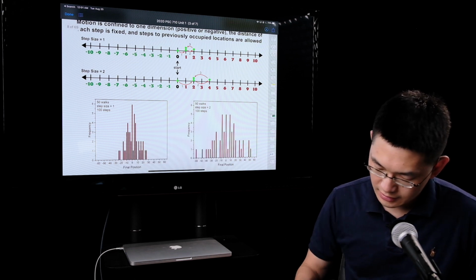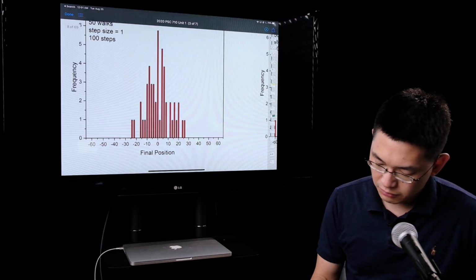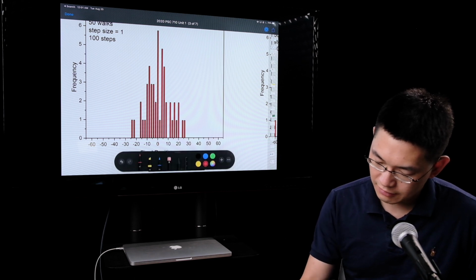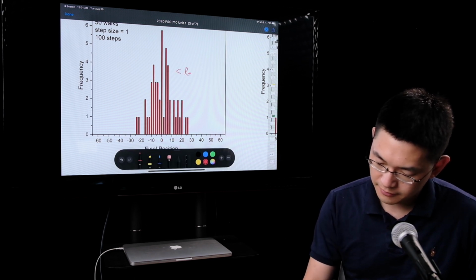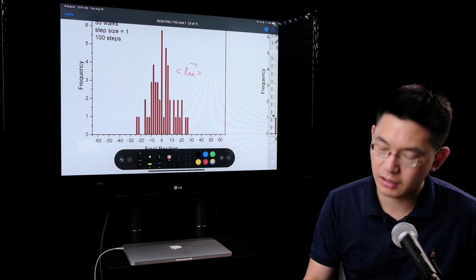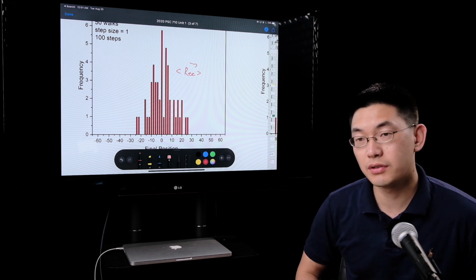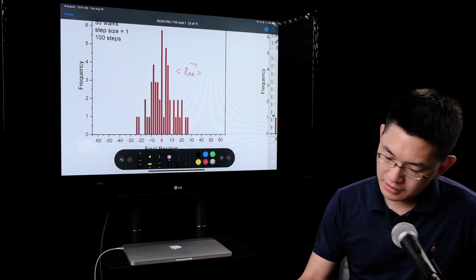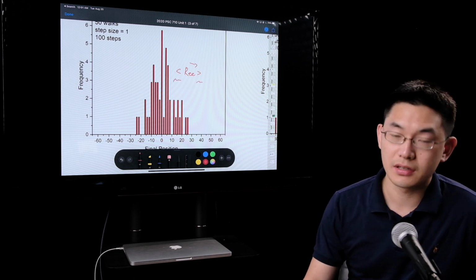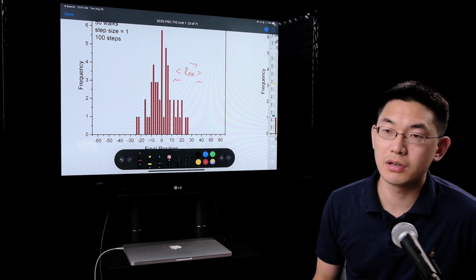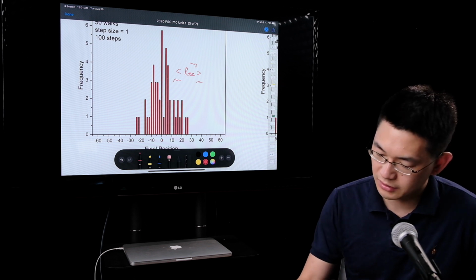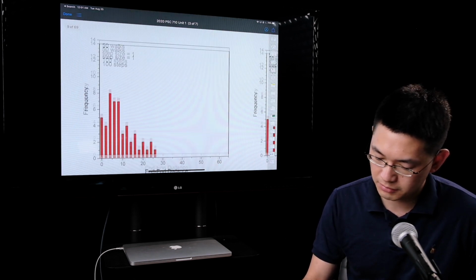So that is the reason we don't want to use just an average of REE to describe our chain conformation, because it's not useful. REE average will be 0. And by the way, this symbol represents an average. So that will tell you what the average value for a certain parameter will be.